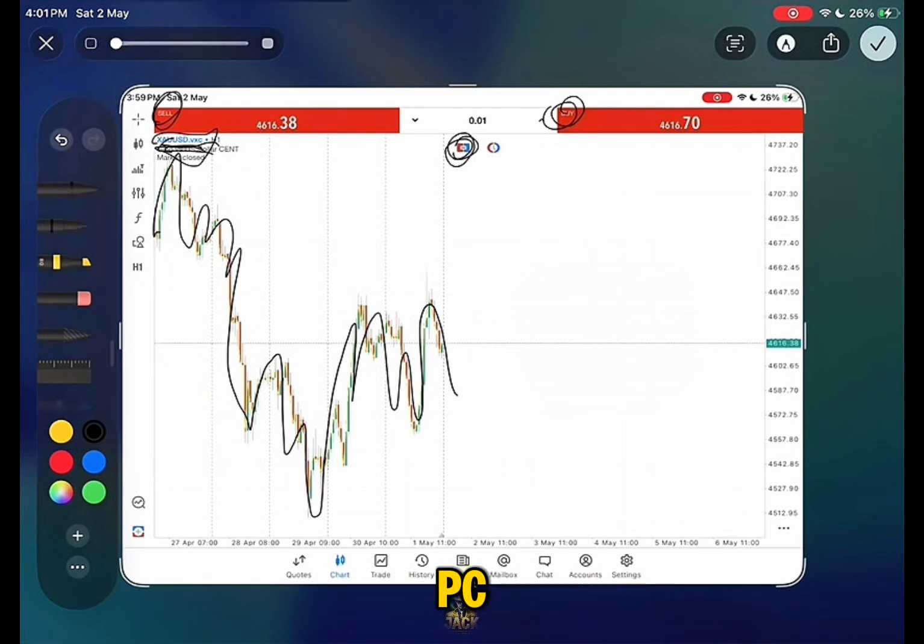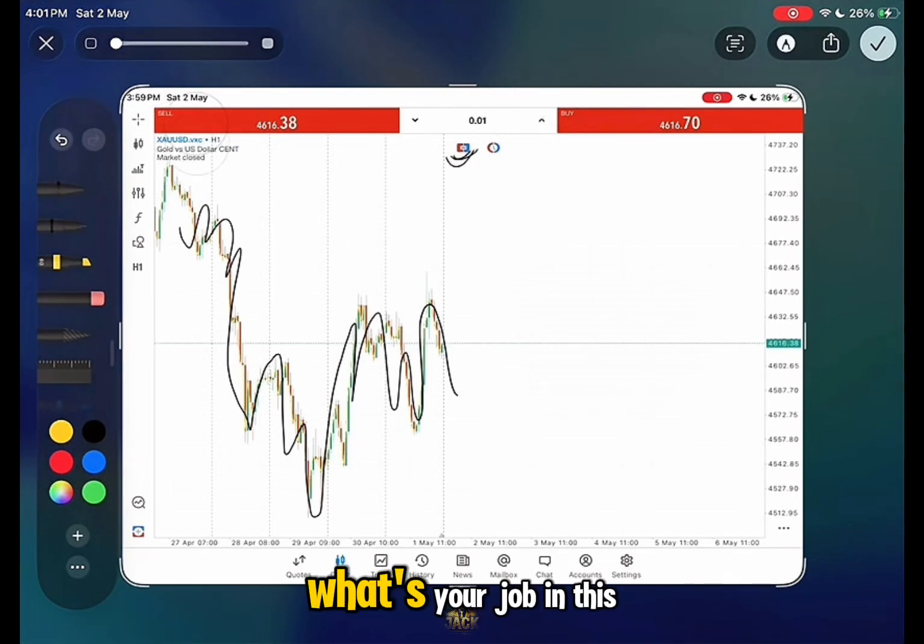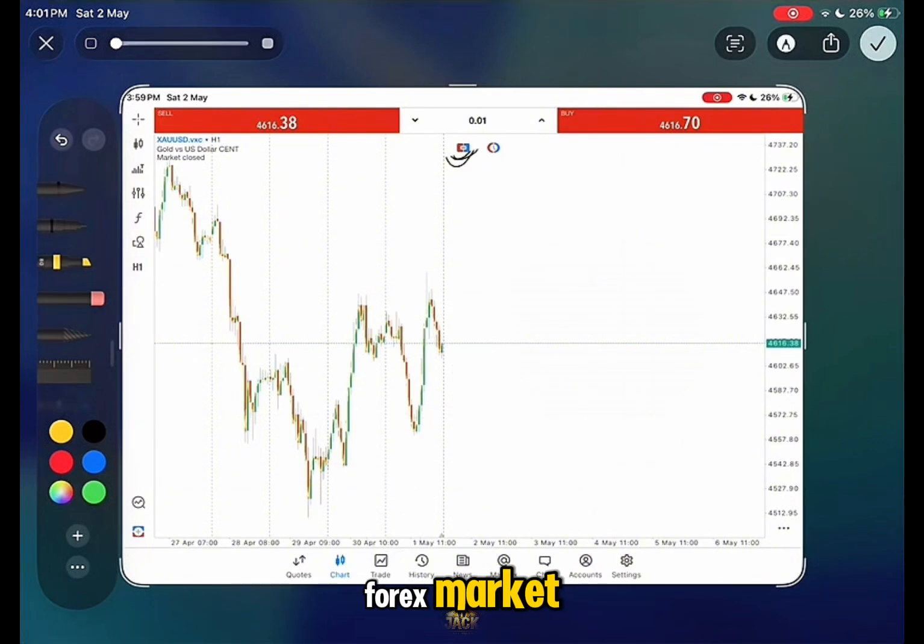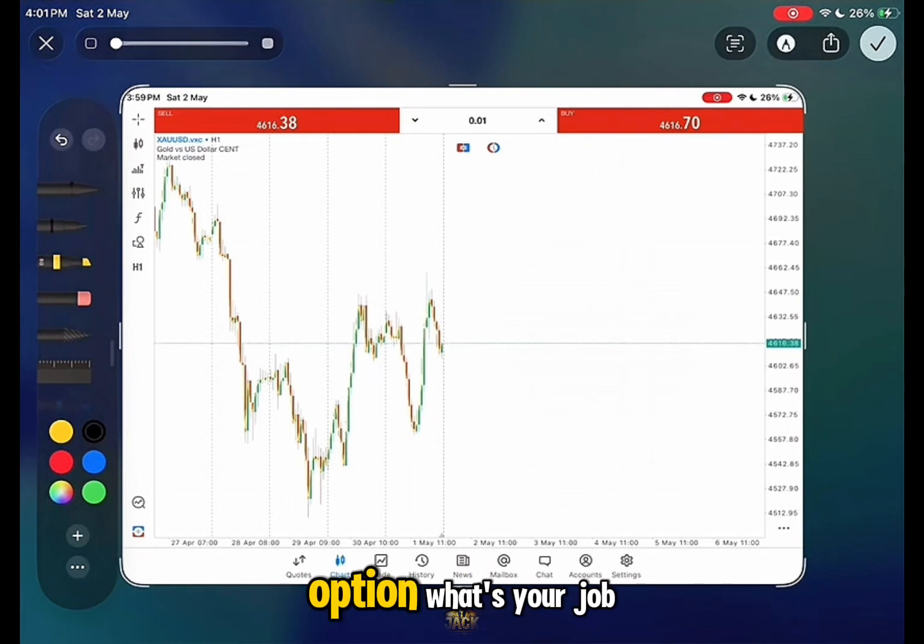If you're using a PC, basically the more upper-end your device, the better options you'll get. So there's sell and then there's buy. Basically, what's your job in this Forex market? Any guesses? When you open, there's a buy or sell option. What's your job?